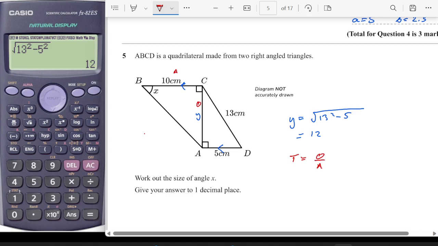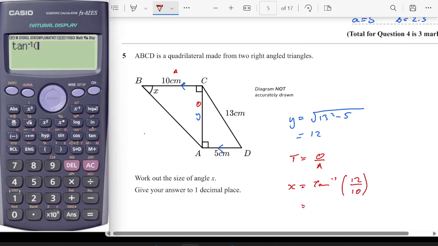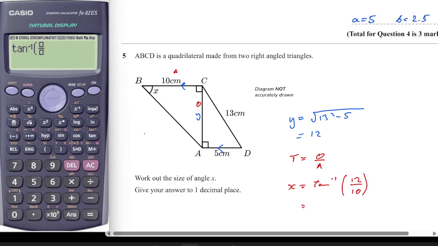So I'm going to go straight to saying that x is going to be equal to tan to the minus 1 of the opposite side, y, which I've just found out to be 12, divided by the adjacent, which is 10. So shift tan. I'm going to type it in like that. I could obviously simplify that down to 6 over 5, but there's no advantage to it on a calculator paper because it will automatically do it for me.